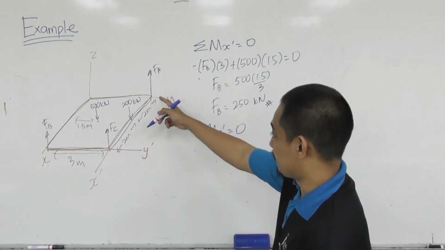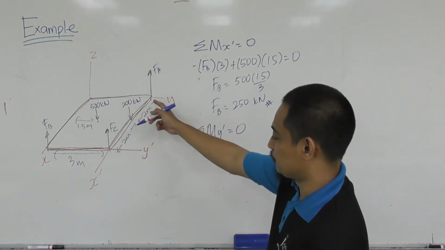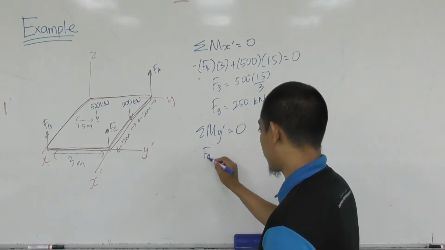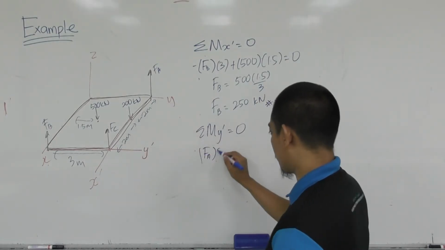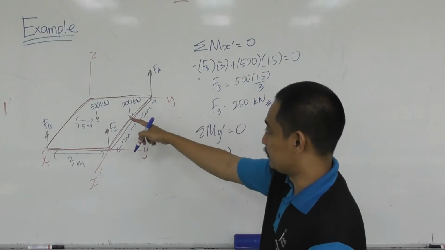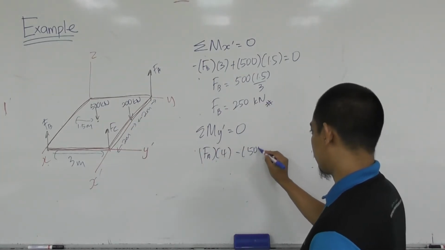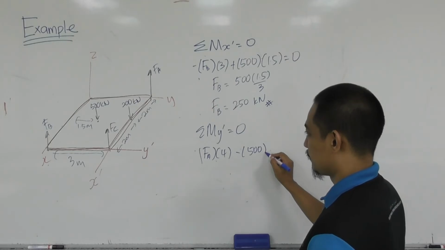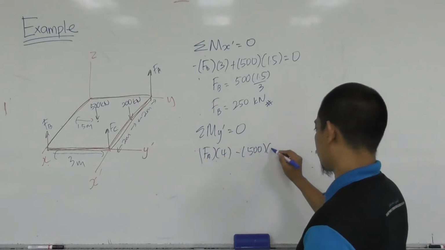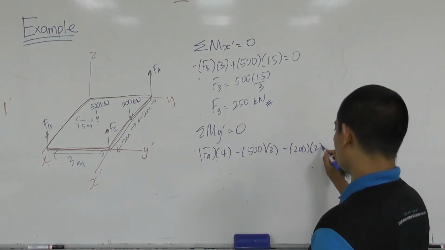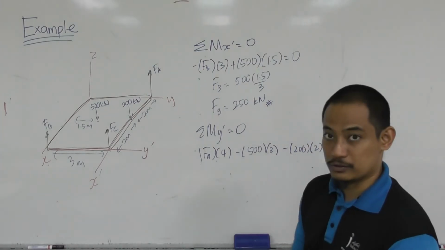So basically here, FA is producing counterclockwise about y prime. So we have FA at a distance of 4, and then these are clockwise and clockwise. So minus 500 at a distance of 2, and then minus 200 at a distance of 2, equal to 0, right?